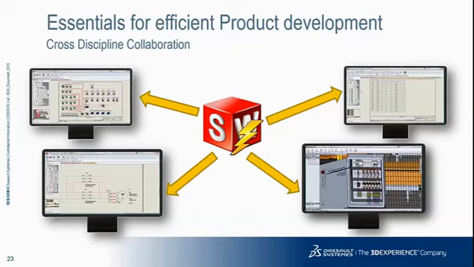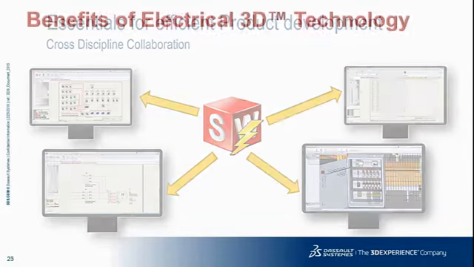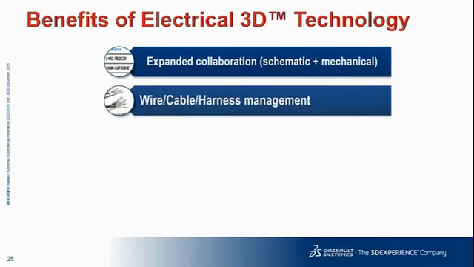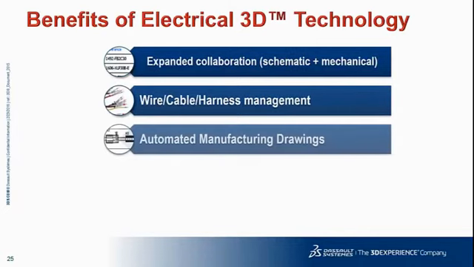You can auto-wire and auto-route things like control boxes, control panels for machines. So there's some great new functionality that we've added for SOLIDWORKS Electrical. We've expanded the collaboration between schematic and mechanical design. You have wire and cable harness. Instead of it just being in SOLIDWORKS, you can actually manage it from outside.